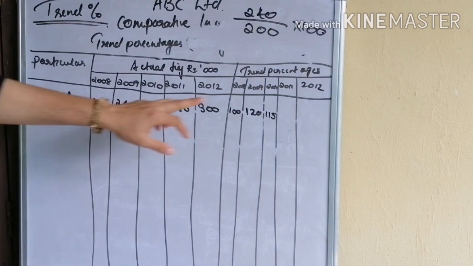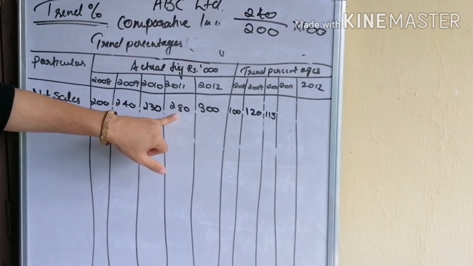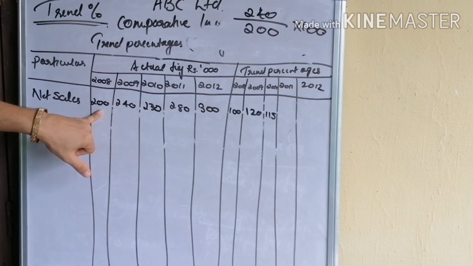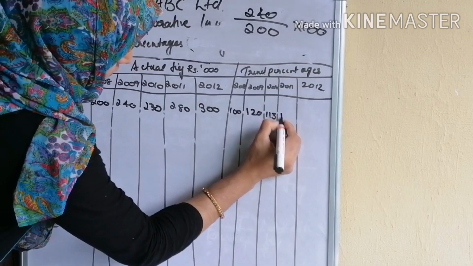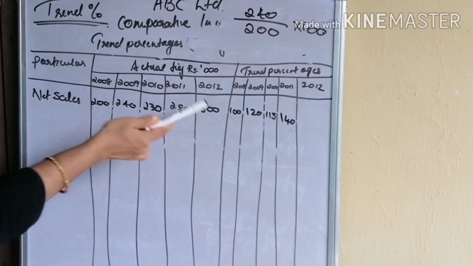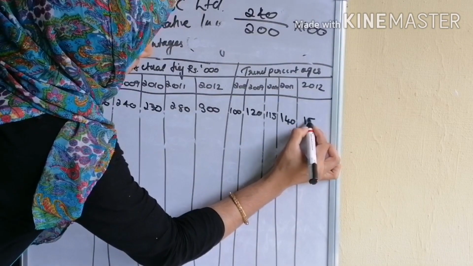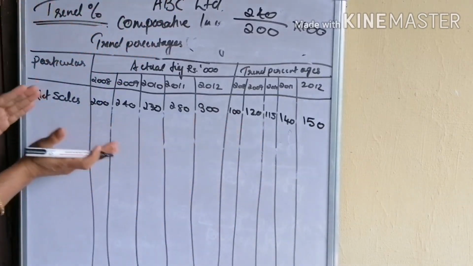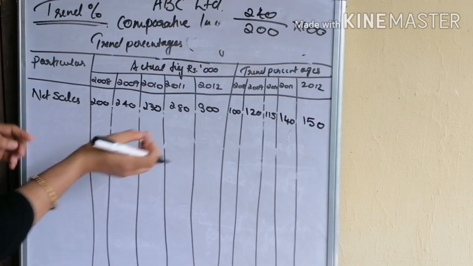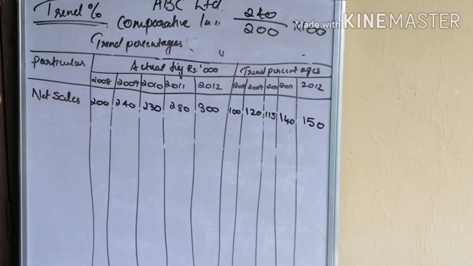And next, 2011: figure 280 divided by 200 into 100, that is 140. And next, 2012 percentage: 300 divided by 200 into 100, that is 150. Likewise, we have to calculate each item. So take each item of the current year divided by its base year amount, into 100.